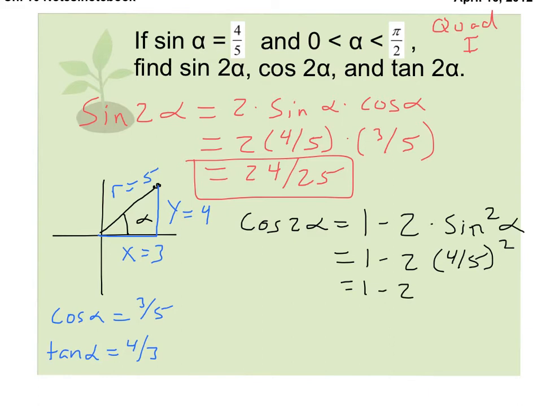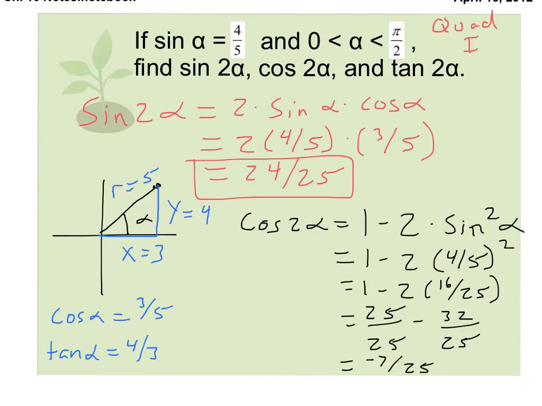This would be 1 minus 2 times 16 over 25. When I multiply this term by 2, I get 32 over 25. It's going to be quite helpful to get a common denominator of 25, which leads to negative 7 over 25. There's the cosine value of 2 alpha.